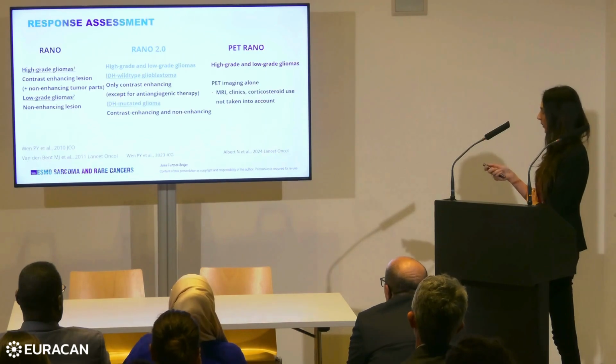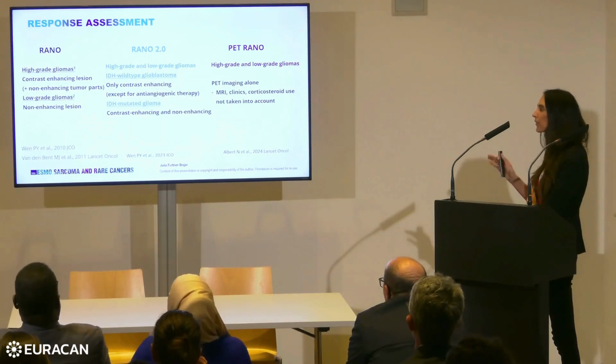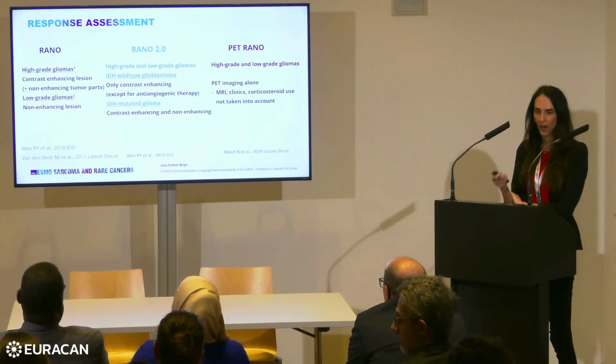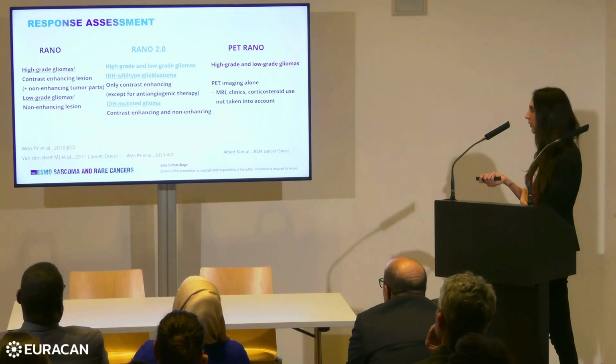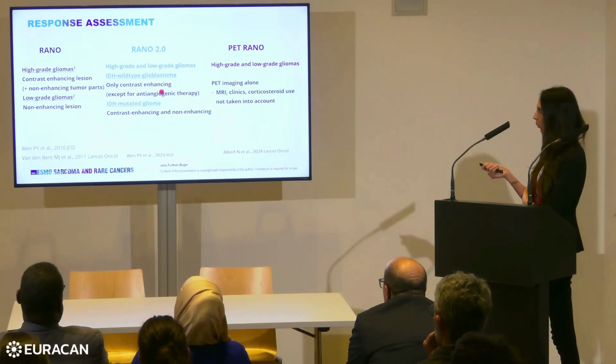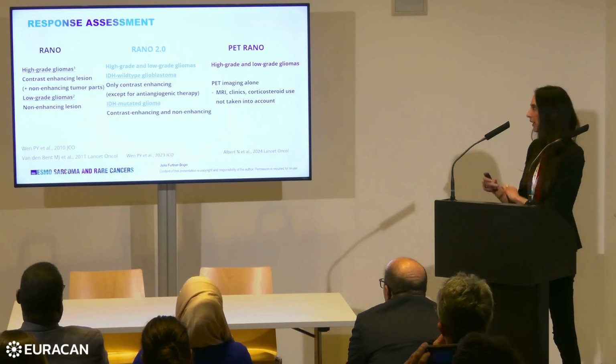So when we come to the response assessment criteria, in the last 15 years, we used different RANO criteria for high-grade and low-grade gliomas. And 2 years ago, Patrick Wen did an update. And now we're using RANO 2.0 criteria. They are for high-grade and low-grade glioma.